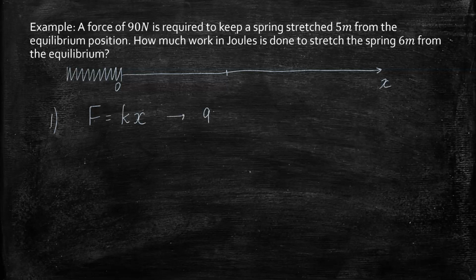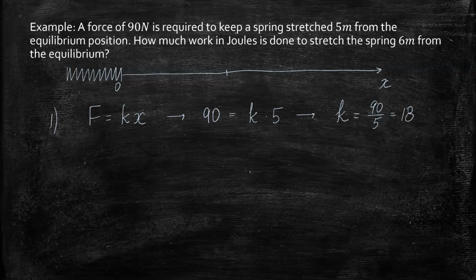So if it requires 90 newtons to keep a spring stretched at 5 meters, that means k is equal to 90 divided by 5, which is 18.